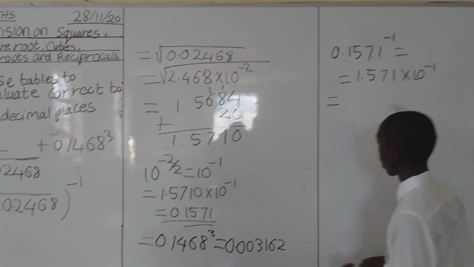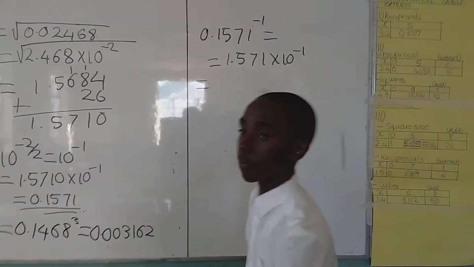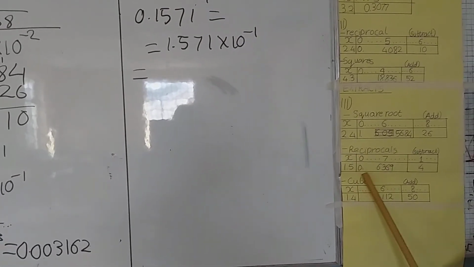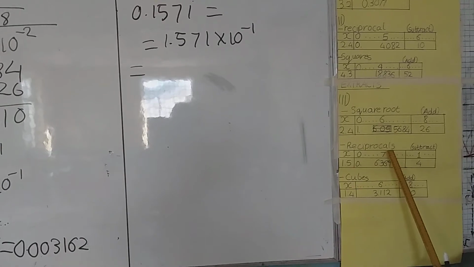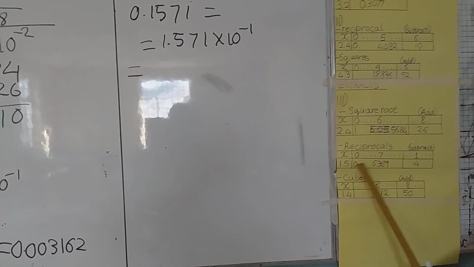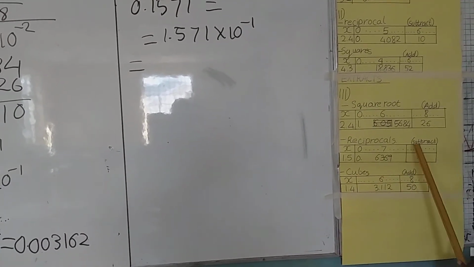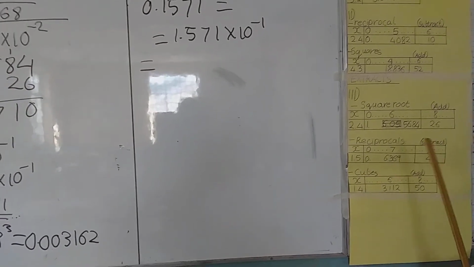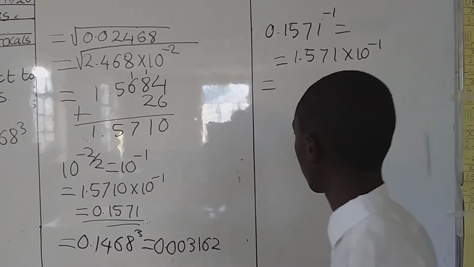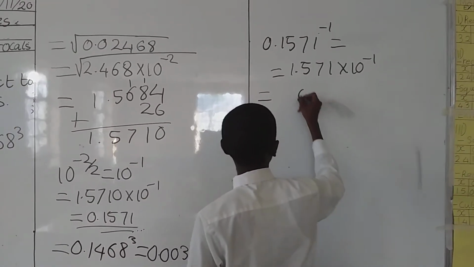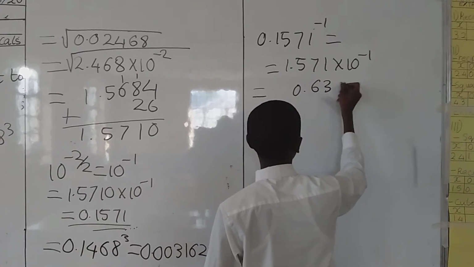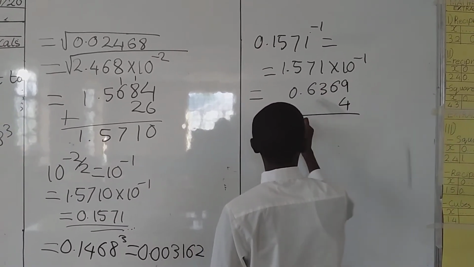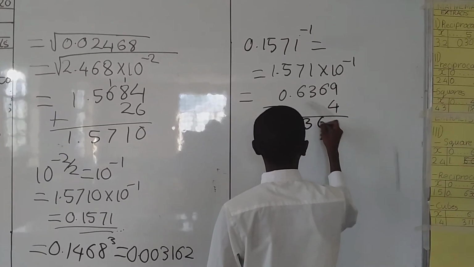To move on, we go to our reciprocal tables. We have 1.5 on the x column. Go to the main column, we have 7, which is 0.6369. On the subtract column, we find the column of 1, which has the value 4. We subtract 4 directly from the number, 0.6369, and get 0.6365.